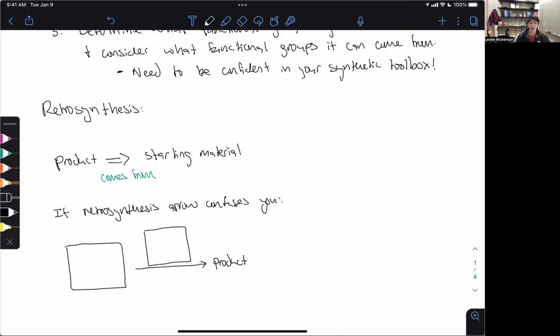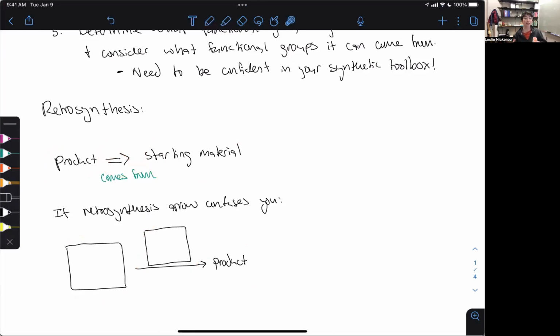That's really what we're looking at here for retrosynthesis. But if that doesn't make sense to you, then do it this way. Start with, say, I need to make this product. What starting material would I use, and what reagents would I accompany that with to get to this particular product?